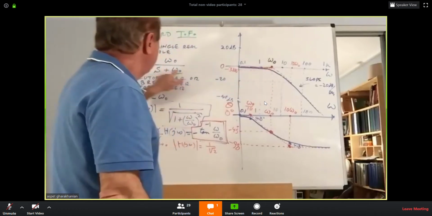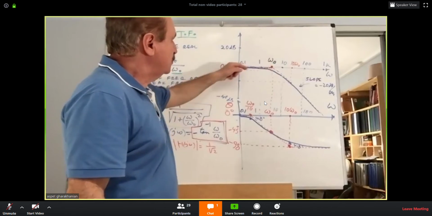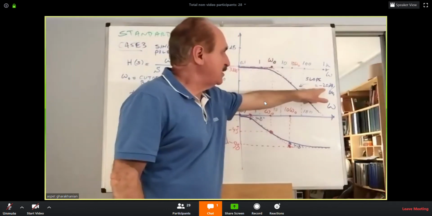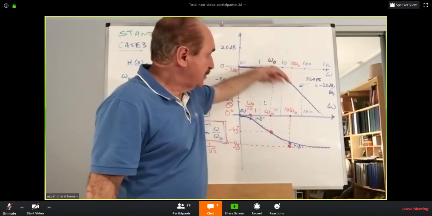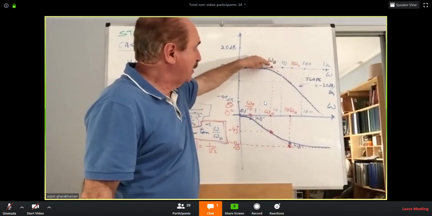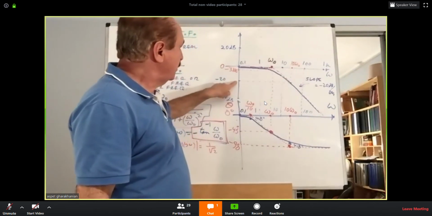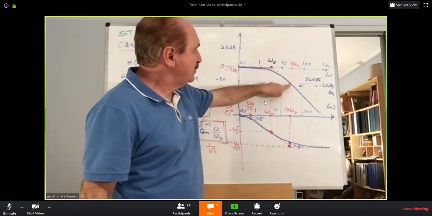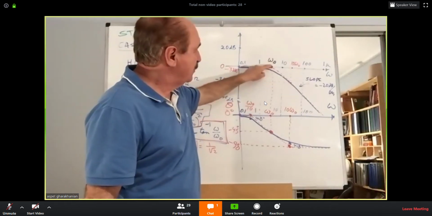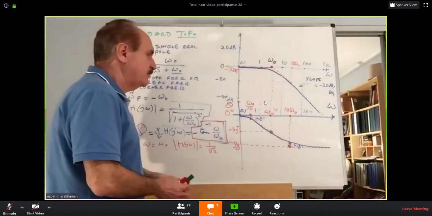Get the omega O on the 0 dB line, draw a horizontal, then draw a slope of minus 20 dB per decade. How do you determine the slope? Very easy. If you know omega, you know 10 times of it. Then go down minus 20 and find this point. So you have that point and this corner point, draw the line, and that's your minus 20 dB.